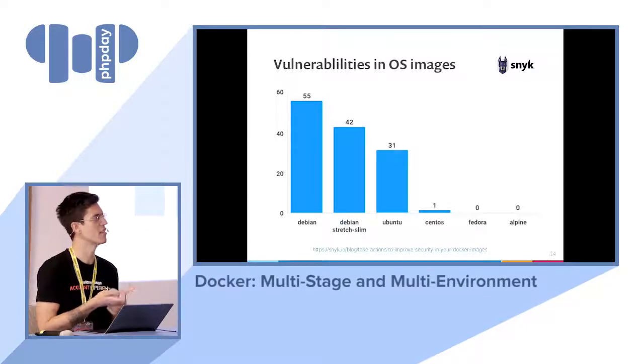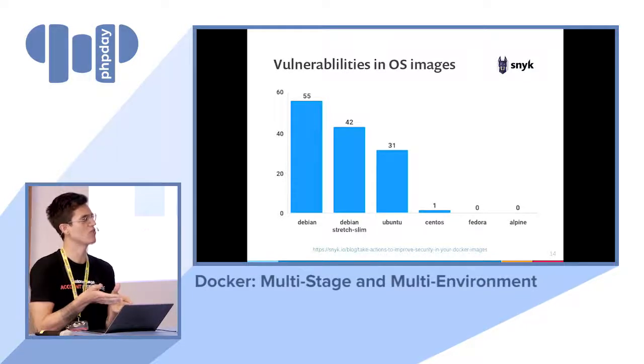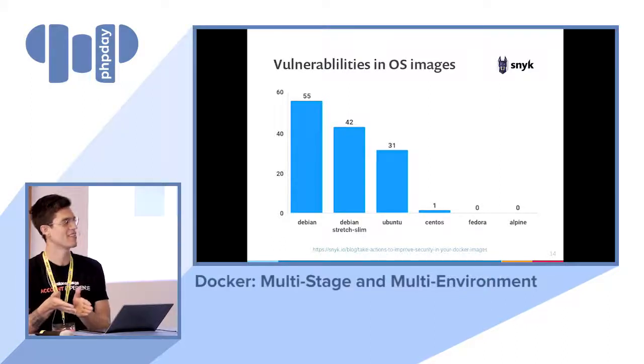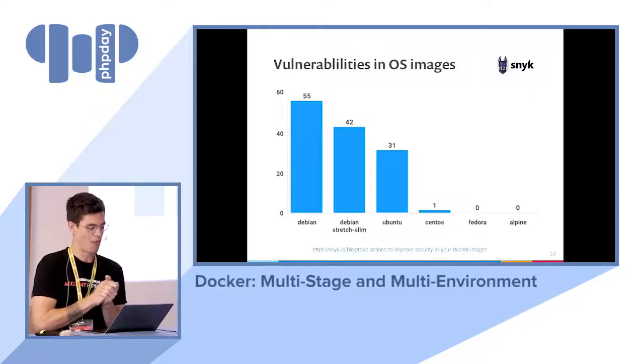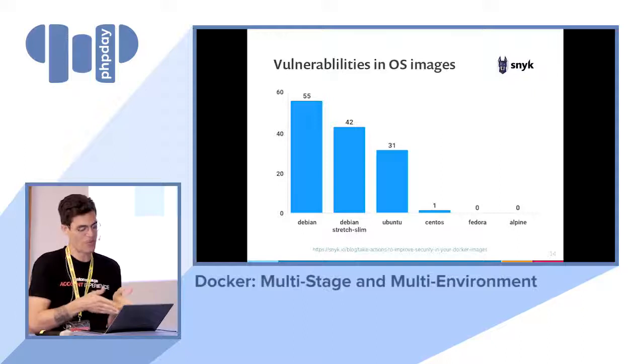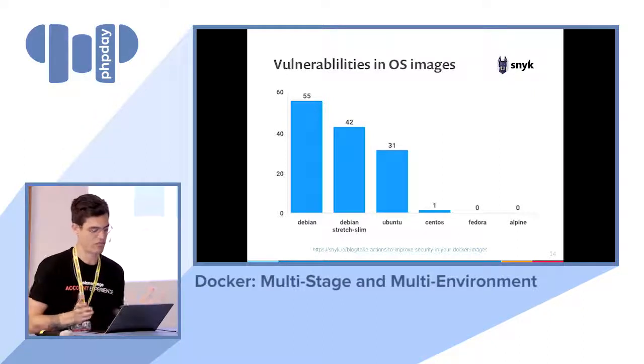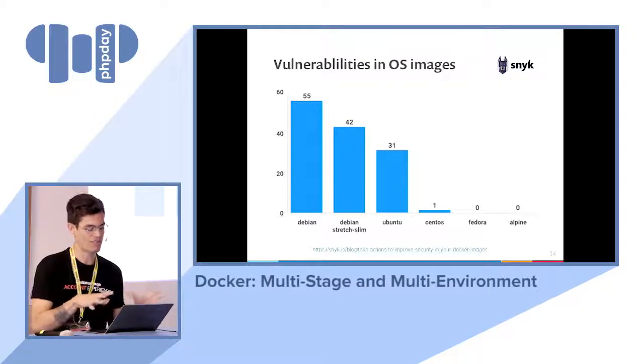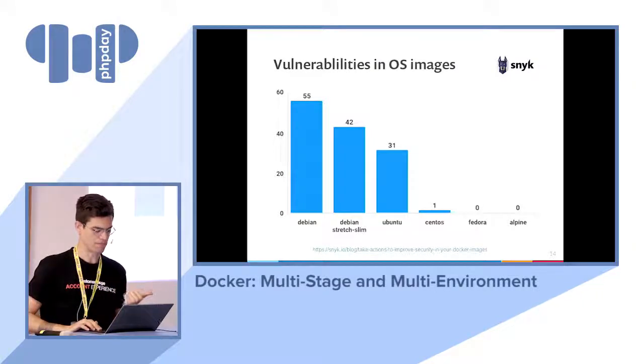For me, it's really clear: if you have less code, you have fewer problems, fewer vulnerabilities. It's easy. If we go down, we have Fedora and Alpine here with 0 at the moment. I don't know how the situation is right now.